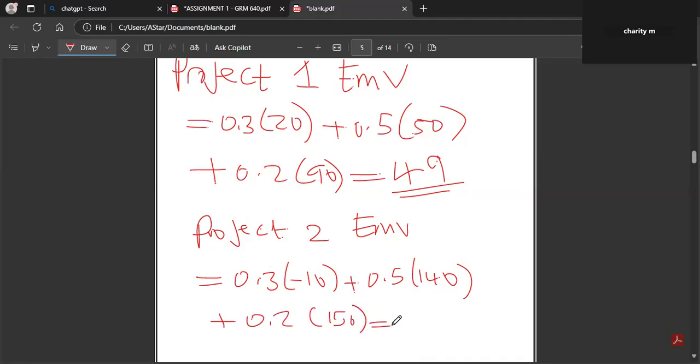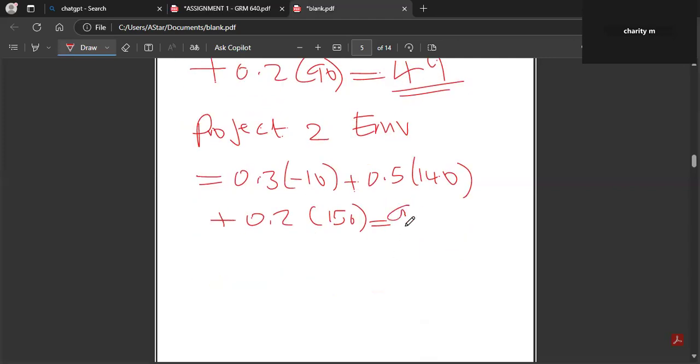Are we together? Yes, we are together. So it will give us 97.